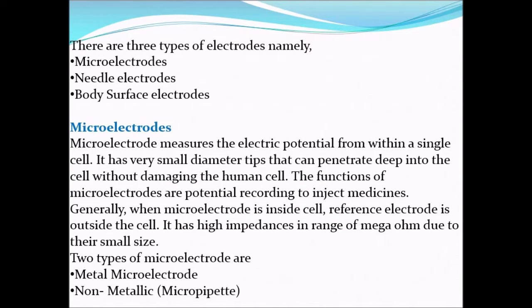The electrodes are basically classified into three types. The first one is the microelectrode. These are used to measure the bioelectric potential near or within a single cell.